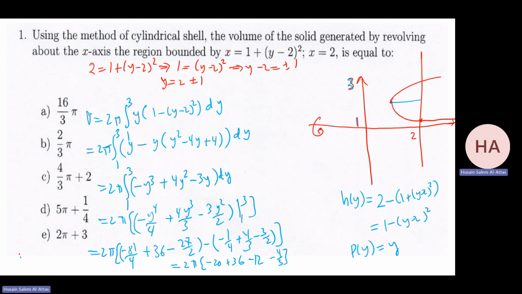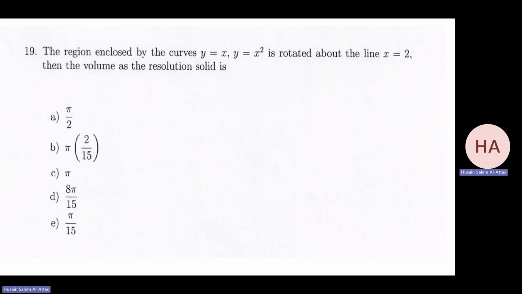So after 36 minus 30, that will be 4. Be 2π times 4 minus 4 over 3, that will be 2π times 12 minus 4 over 3, that's 8 over 3. That gives me 16π over 3, which is this. That's a matter of calculation.